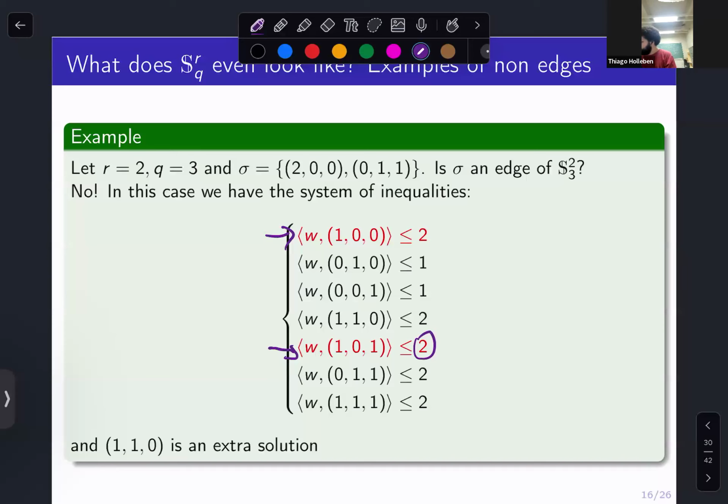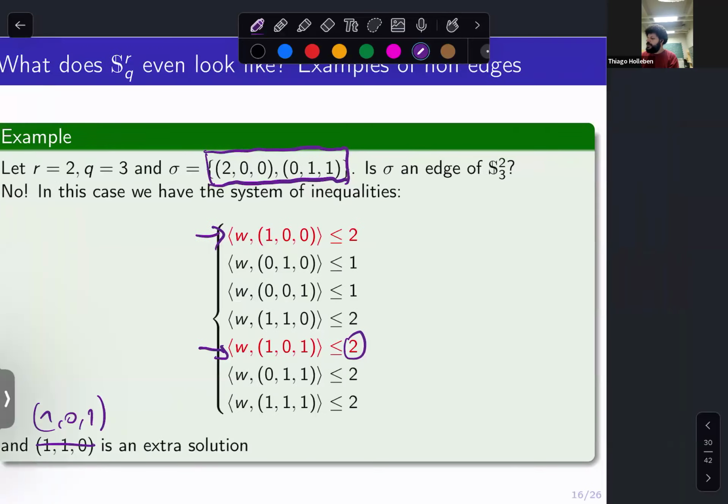Oh, this 1, 1, 0 is a typo. This should be 1, 0, 1. So the only vector that could be a solution before and wasn't, now is. Okay. So since we have an extra solution, it means we don't have a phase. So this pair here is not a phase of S2, 3.